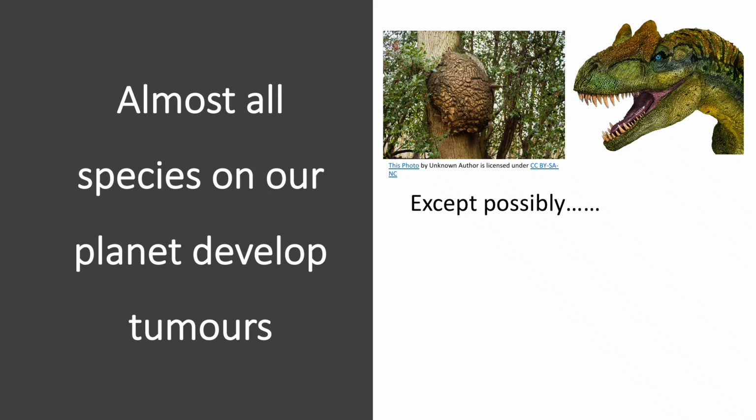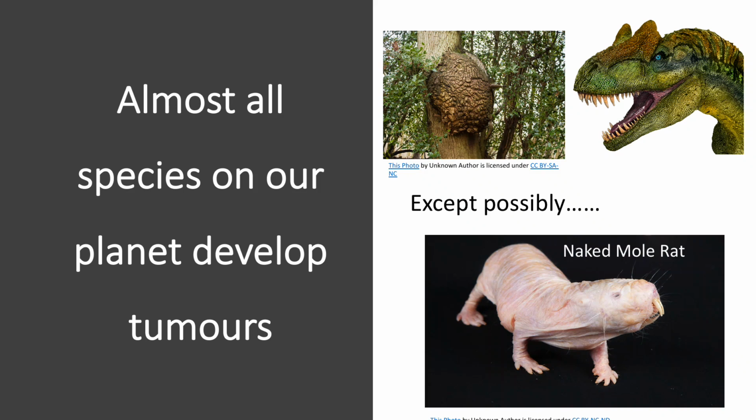And here's the answer. Some might think elephants, and some were talking about whales, but actually the only known species which, well, controversial, there's some recent evidence, but we think that the naked mole rat is the only species on the planet not to develop cancer. It's quite an ugly little thing. It's a mammal. It's nocturnal.